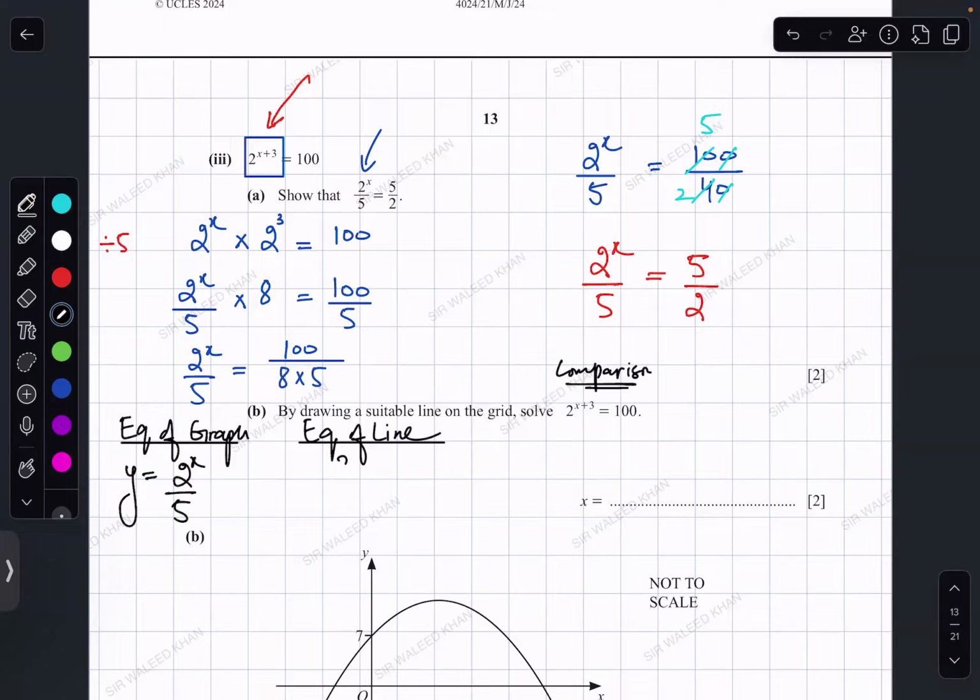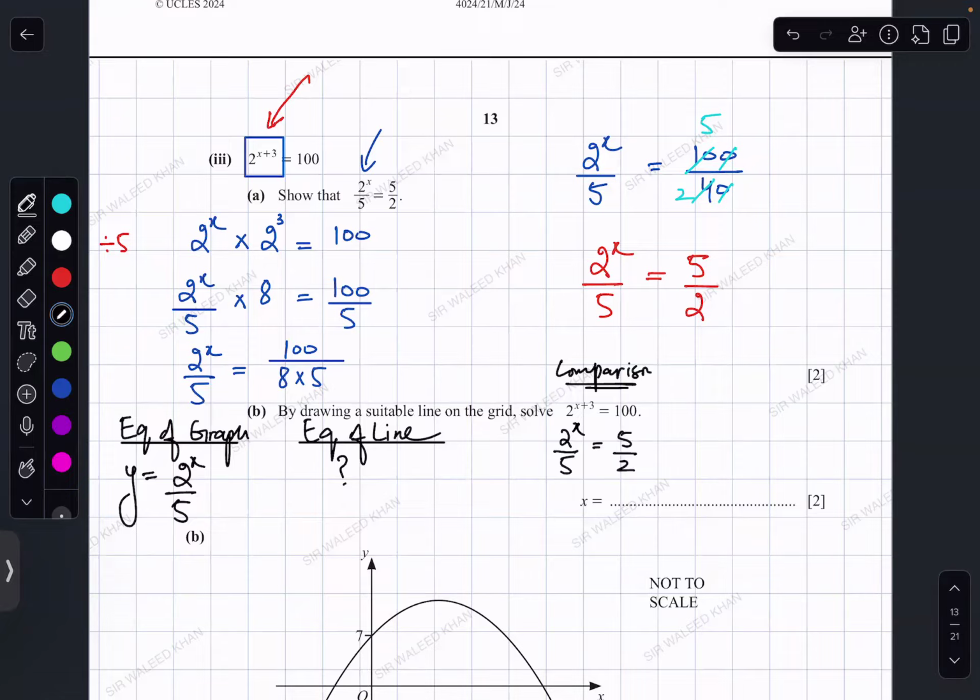Equation of line, there is no linear equation you can see over here, so this is missing. Comparison equation is another equation other than the linear equation that is over here. And we showed in the previous part that this can be written like this as well, right? So I can write this as 2 power x over 5 is equal to 5 by 2.